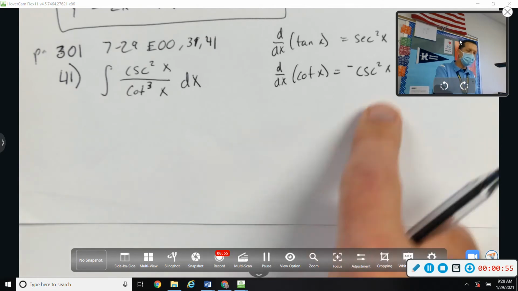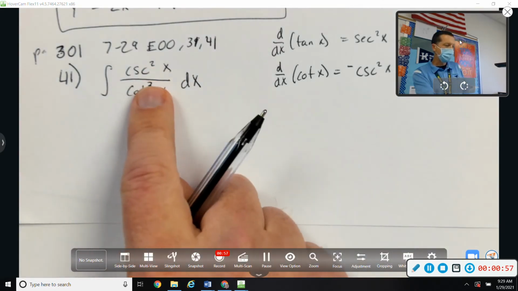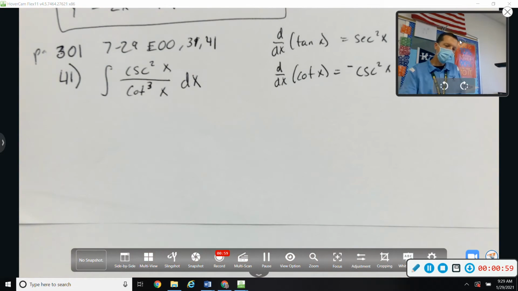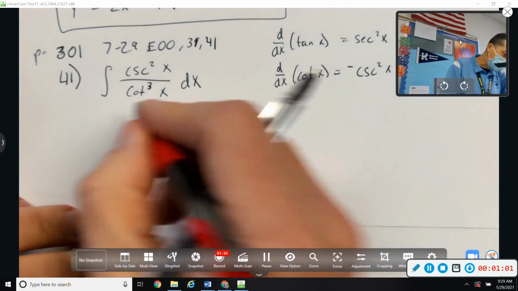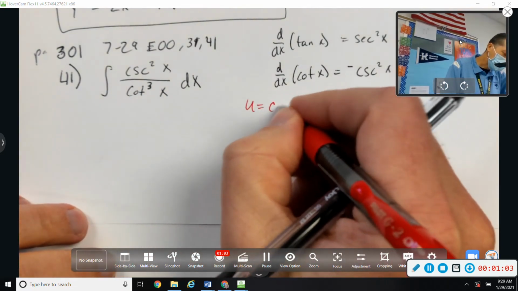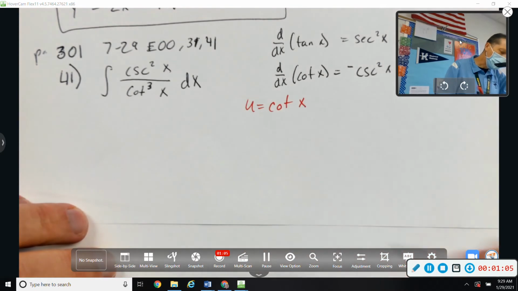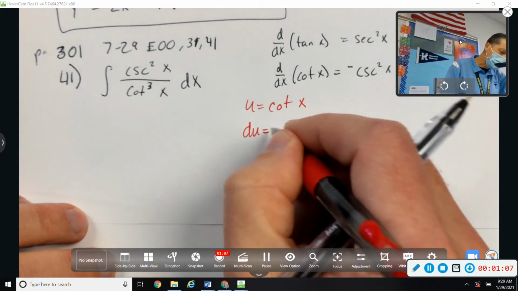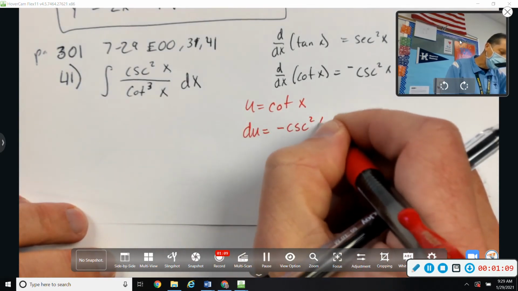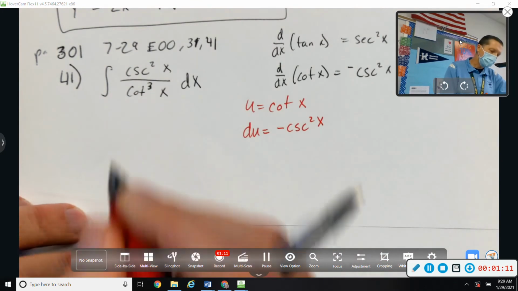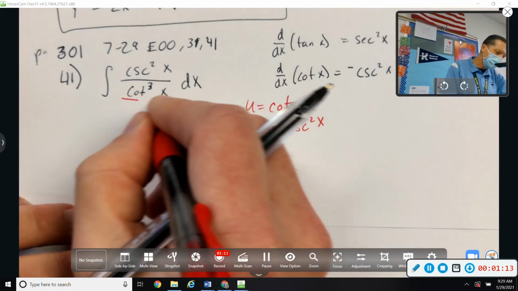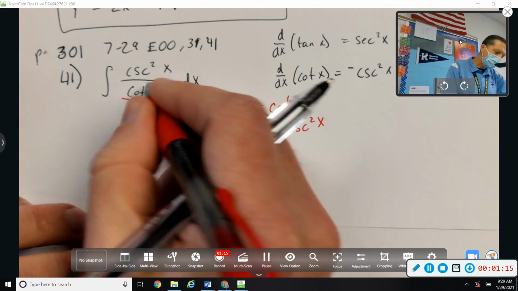So now I'm thinking, there's a cosecant squared, there's a cotangent. So if I let u be cotangent, and du is negative cosecant squared, I'm pretty close. So cotangent is the u, not the cube part though.